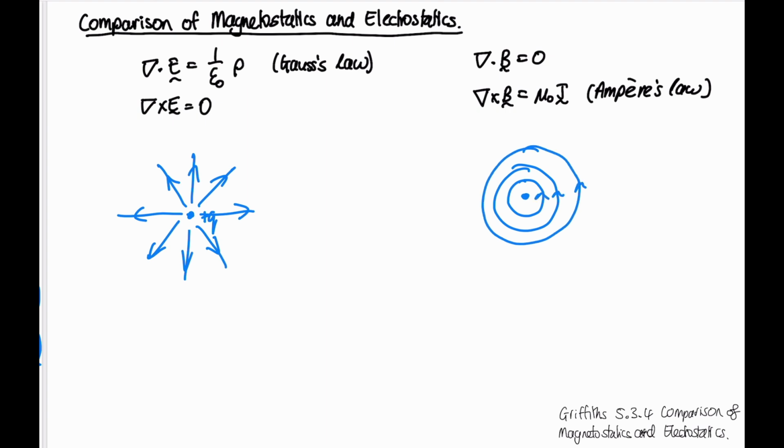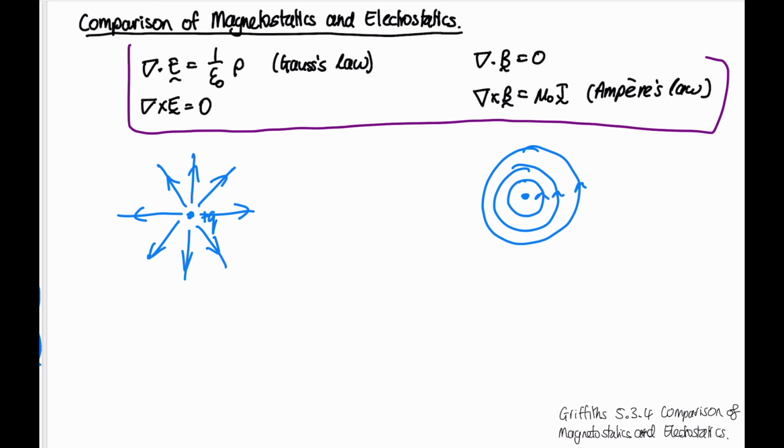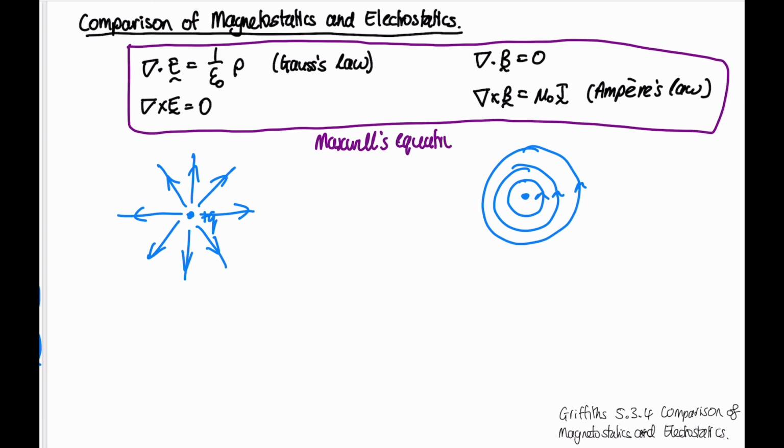So the fact that this is 0 and this part is not 0 is not really surprising. So these combined are Maxwell's equations. These ones are Maxwell's equations for electrostatics. These ones are Maxwell's equations for magnetostatics.